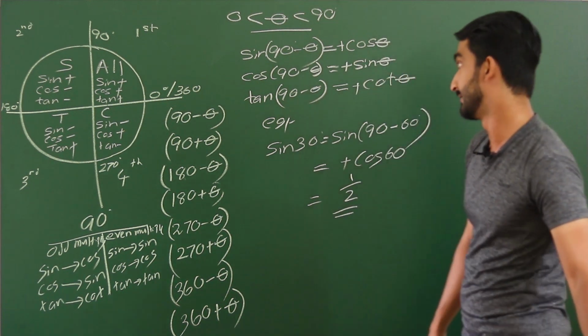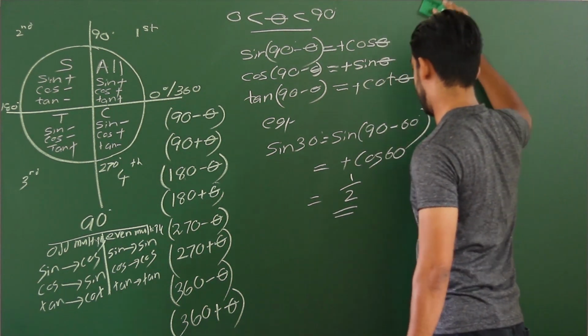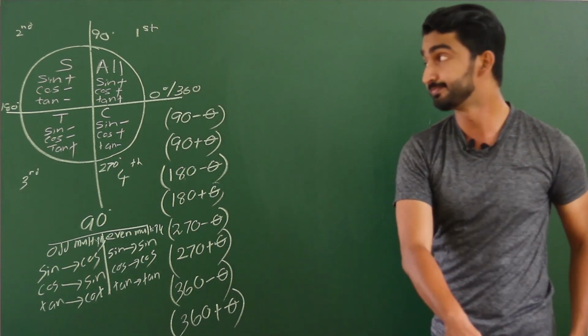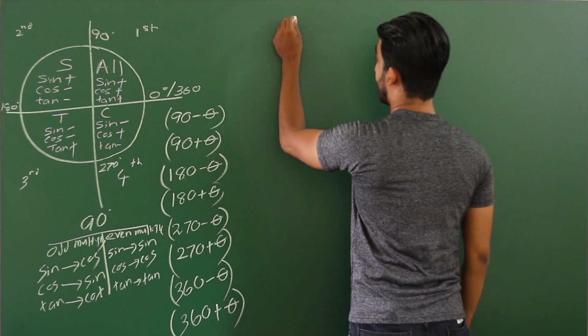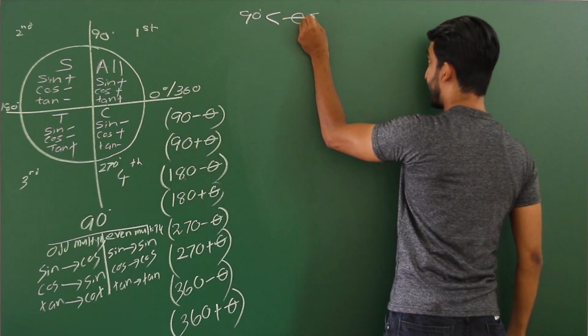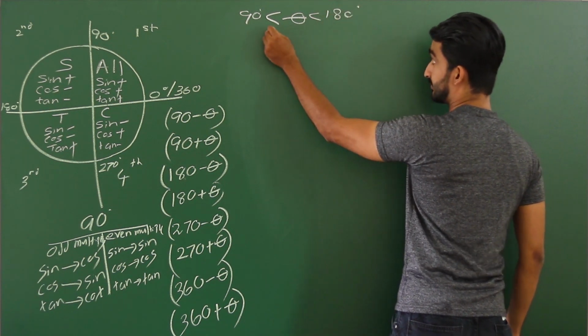So now let's see, I'm erasing this. Let's consider the second quadrant, which is between 90 degrees and 180 degrees.